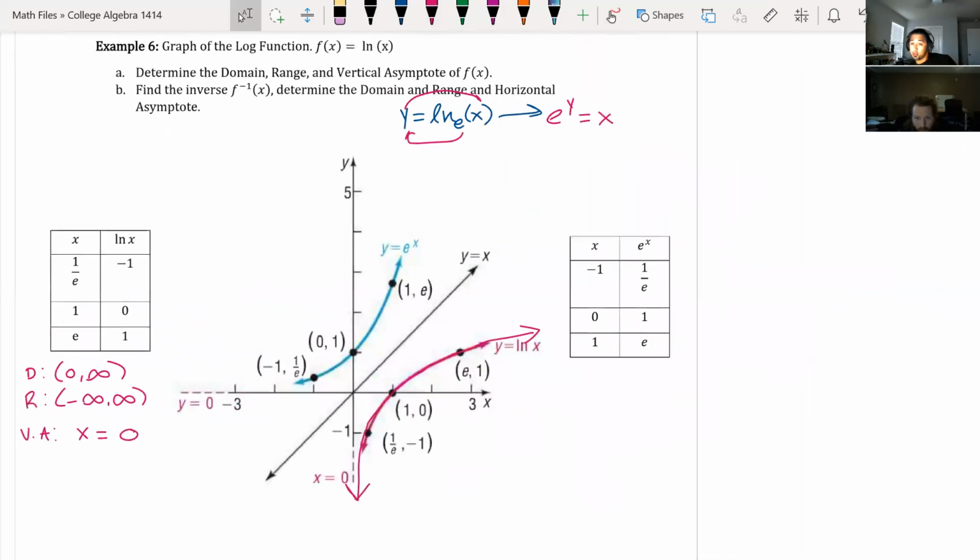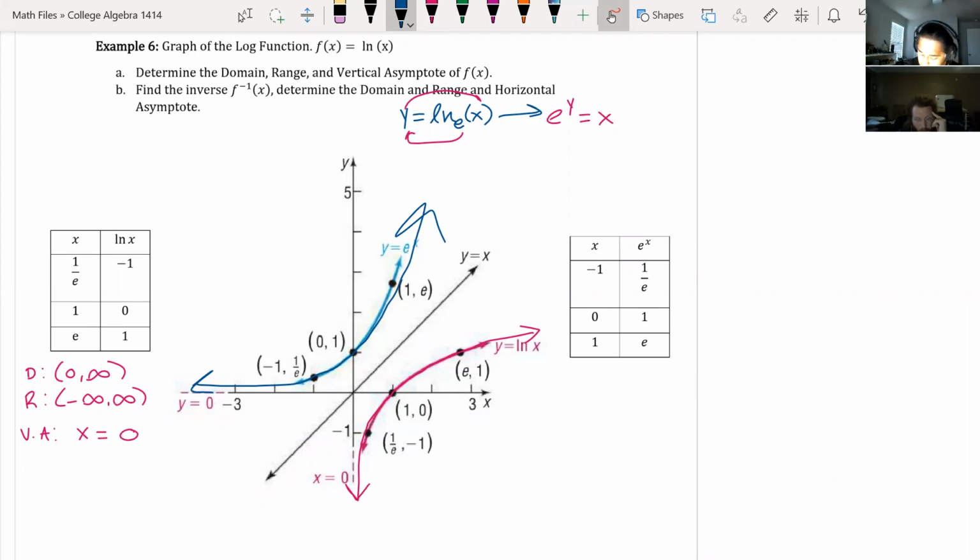And now if we have the natural log of x, the inverse is e to the x. So once again, take your points and flip them, take your domain and range and flip them. We graphed e to the x last time. So here is a graph of e to the x, and we realize that we do not touch the x-axis. Again, you'll get really, really close to 0, but you will never touch.